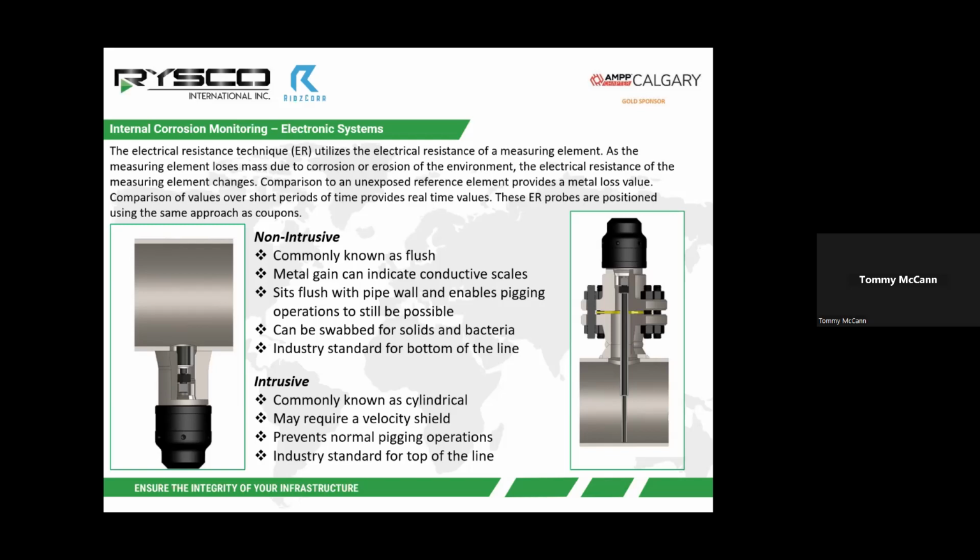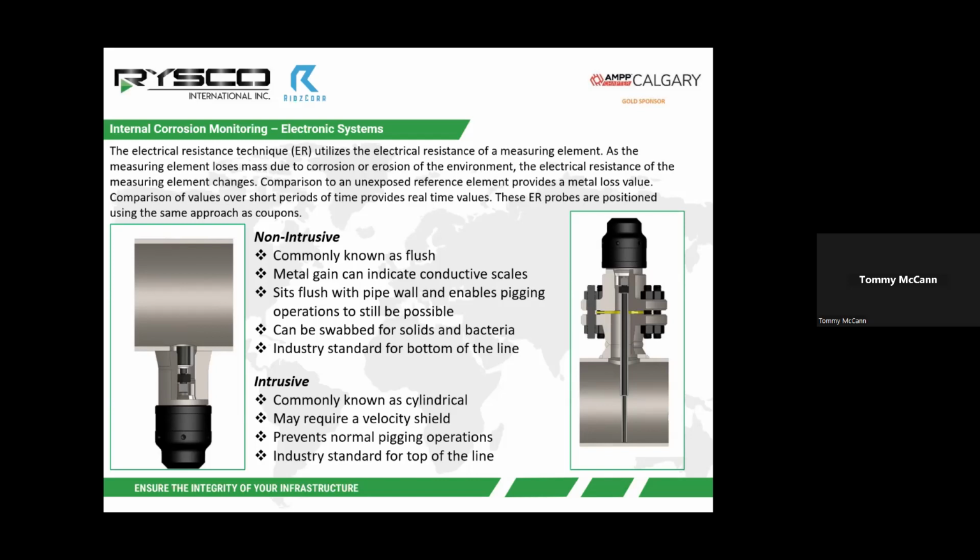When we see that change in resistance, we can use that, based on the geometry of the element itself, to calculate physical metal loss. That can then be trended over time and analyzed, and you can also use those points to calculate a corrosion rate.